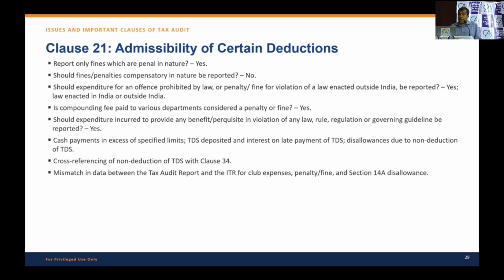If you talk of 234A, B, C or F, those are interest on the income of the assessee, and though they are collected separately, they take the color of income tax. Therefore, those may qualify for disallowance or reporting here, but not the interest on TDS. And there is a recent Mumbai tribunal case law on this interest on TDS specifically. So that should not be disallowed.